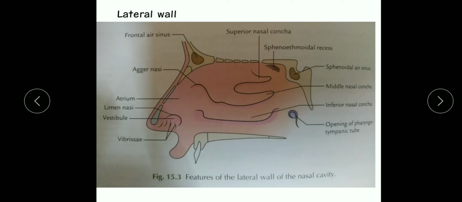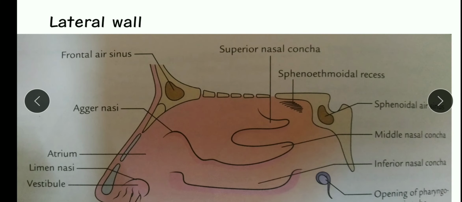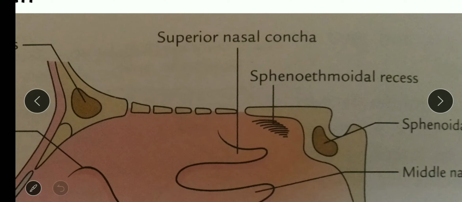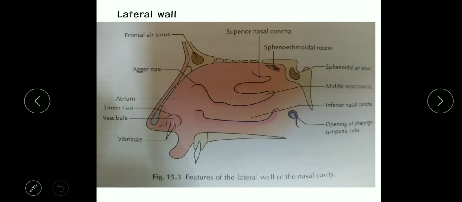On the medial side, you can see the superior nasal concha, middle concha, and inferior concha.